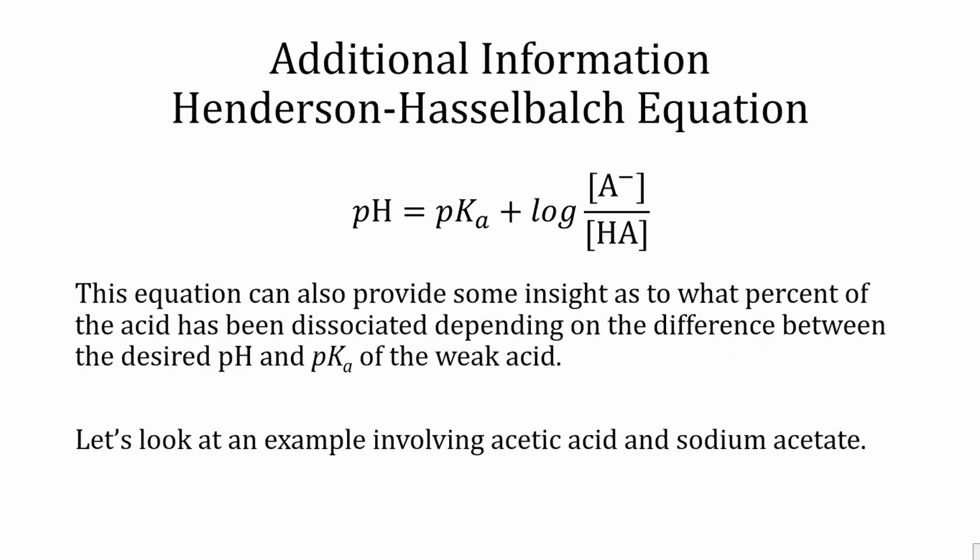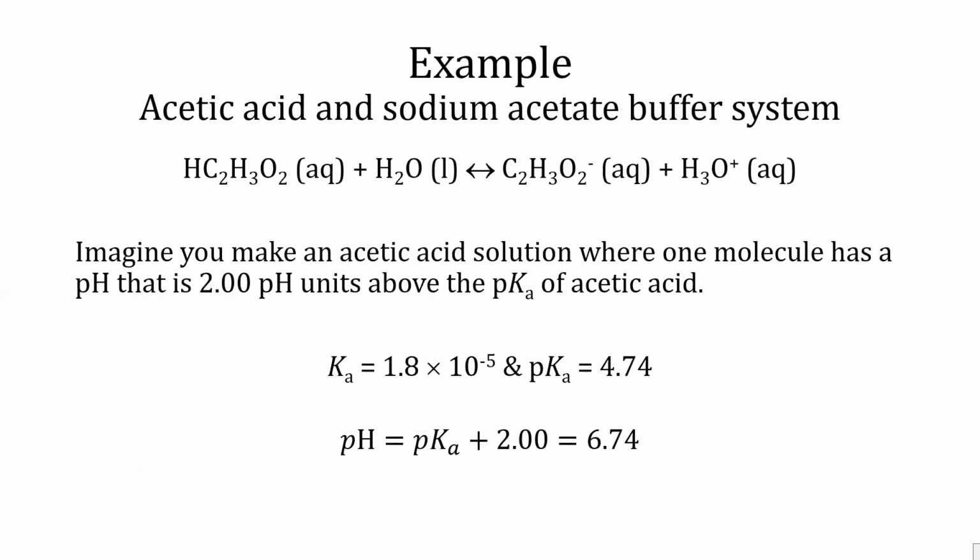This equation can also provide some insight as to what percent of the acid has been dissociated, depending on the difference between the desired pH and pKa of the weak acid. Let's look at an example involving acetic acid and sodium acetate. Aqueous acetic acid plus liquid water forming acetate ion and hydronium ion.